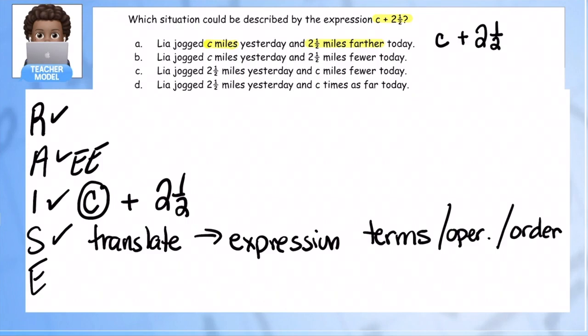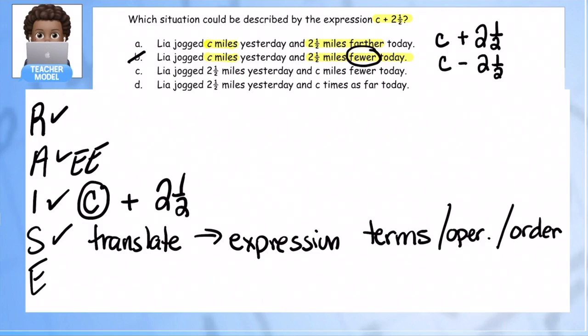Leah jogged c miles yesterday and 2.5 miles fewer today. So same terms, c and 2.5, but it's fewer miles. So that is subtraction. That is not what we're looking for. We can eliminate that. And there's my reasoning. Fewer means we're subtracting one term from the other.